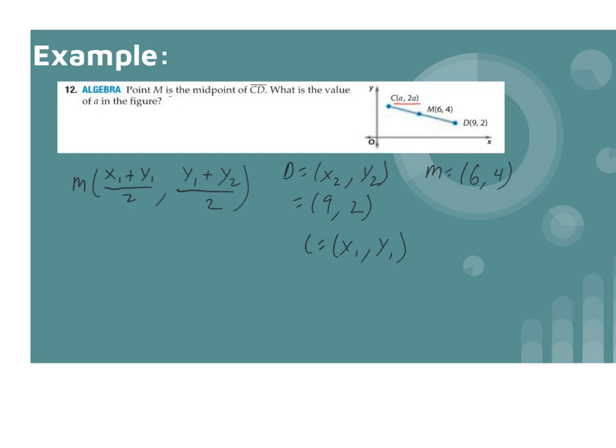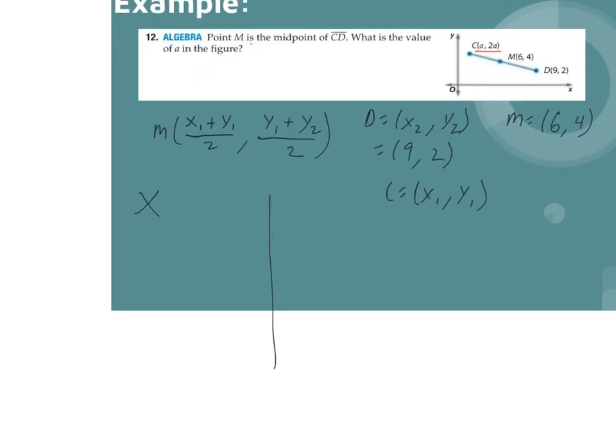So let's split this up into our x and y coordinates. Here under the x column, x1 is equal to A, x2 is equal to, this should be x2, not y2, sorry for that. We have x2, which we know is 9, and we have m, which is equal to 6.